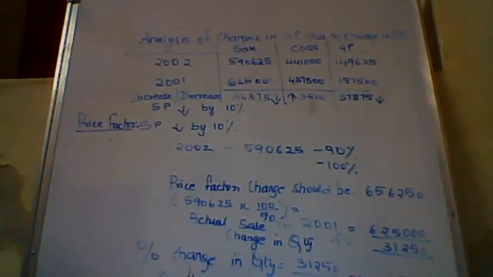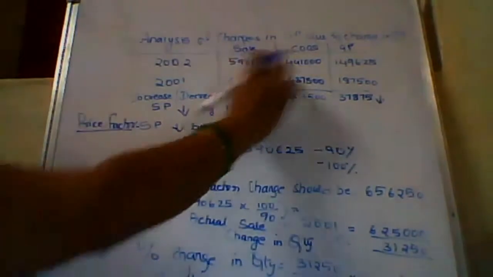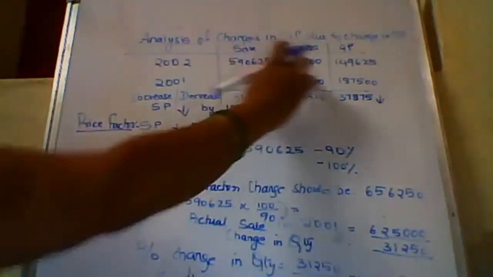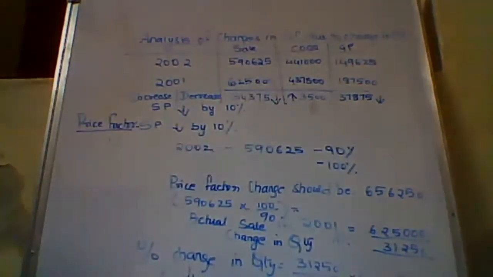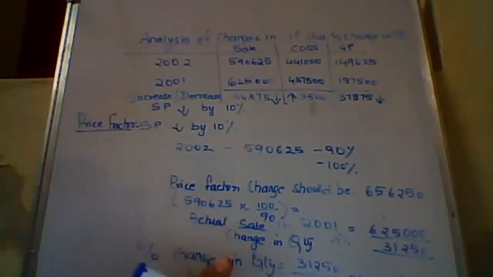In this analysis of changes, when you talk about the quantity, whatever is the change in sales will also be the change in your cost of goods sold, because you are talking about all those units which are being produced by you and which are being sold by you. Remember, here I don't take stock into consideration. Why? I can't have so many missing figures to find out.